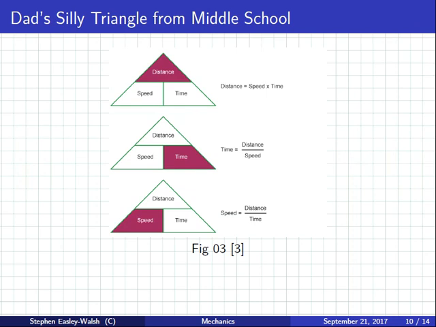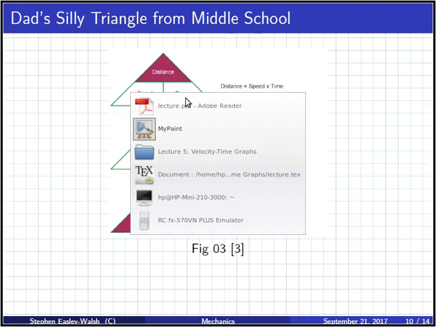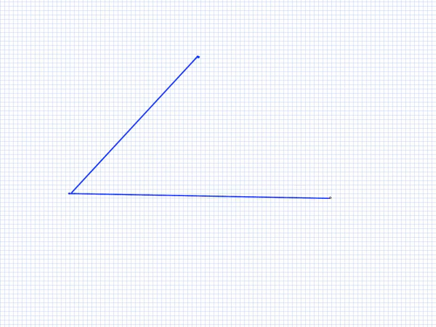You might remember this triangle from middle school. We call it Dad's silly triangle here, or distance, speed, time. And I think you all know how this triangle works. It's a very basic idea. You have a relationship between distance, speed and time, which you can nicely draw on a triangle here.